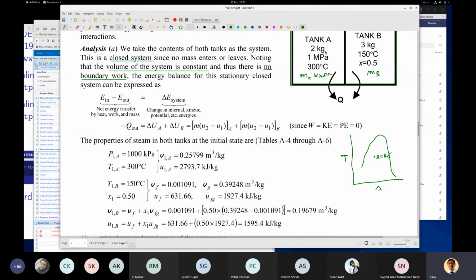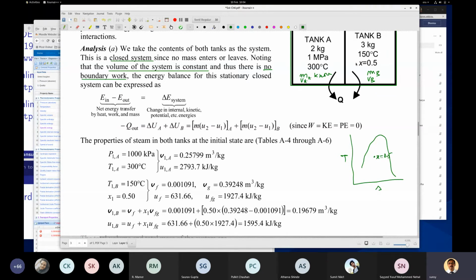So for both of them, the mass becomes known. When it gets combined, the mass will still remain the same, the total mass. And the volume is also known. VA is known, VB is known, so total volume is known, total mass is also known.